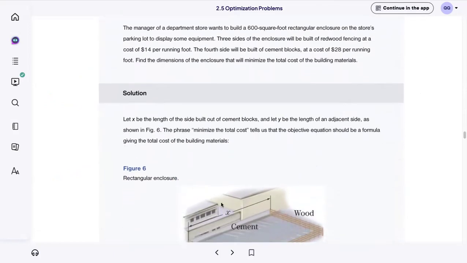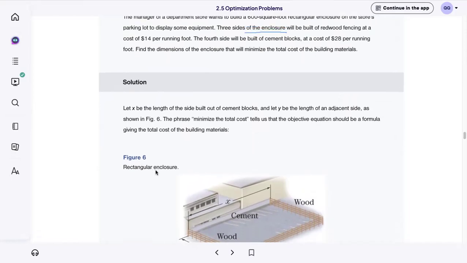Okay, sometimes we like to minimize our cost in business. So this question is saying you're building a 600 square feet rectangular enclosure again. We even see the picture down here. You see it on the bottom.